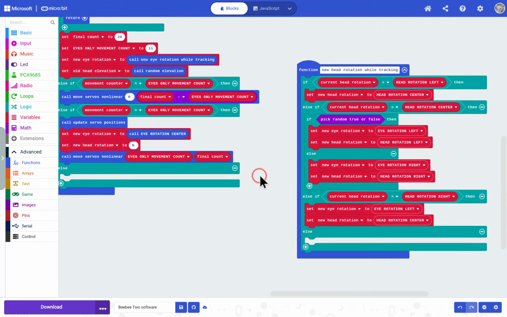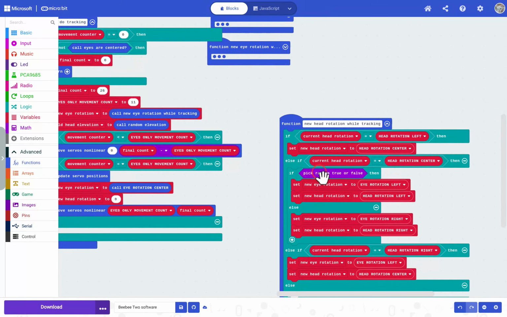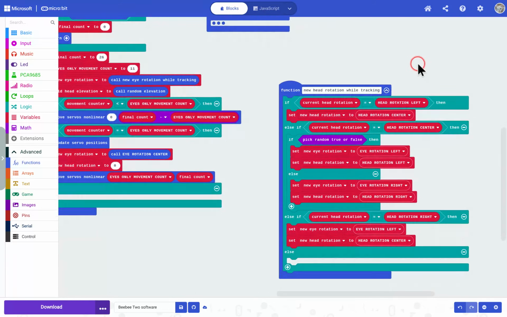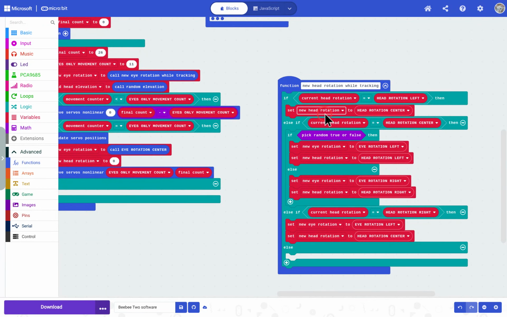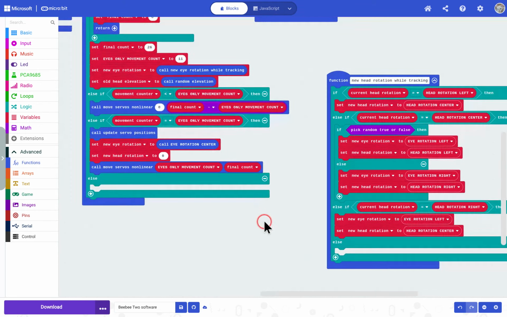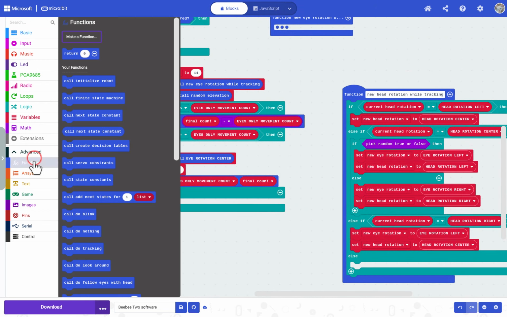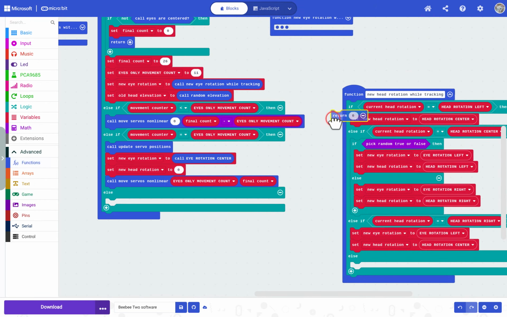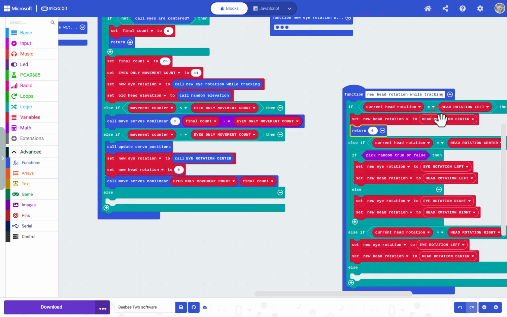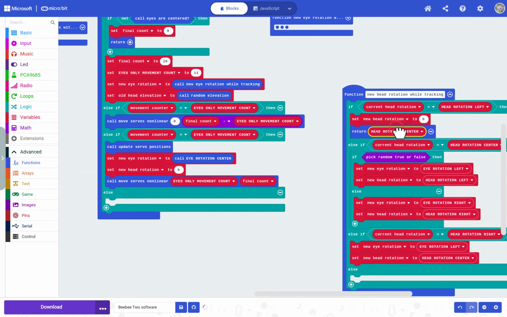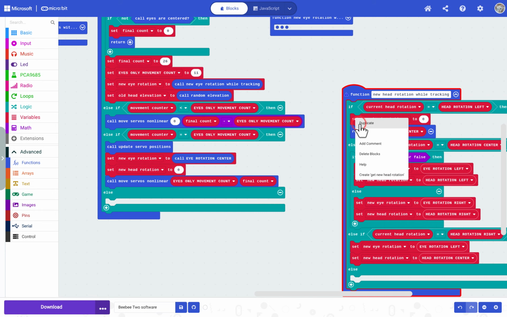And this is not going to be that anymore. All right, so head rotation was to the left, so the new head rotation will be to the center. So let's go over here and grab our return. And we're done with that.